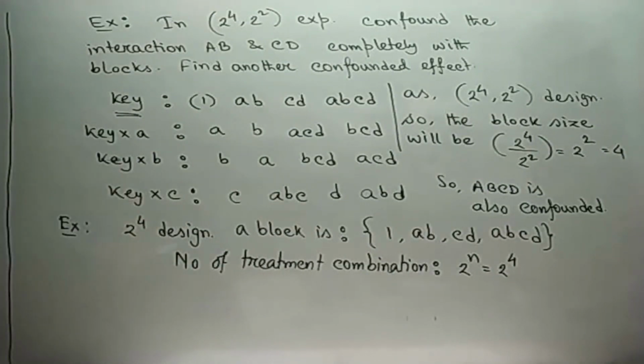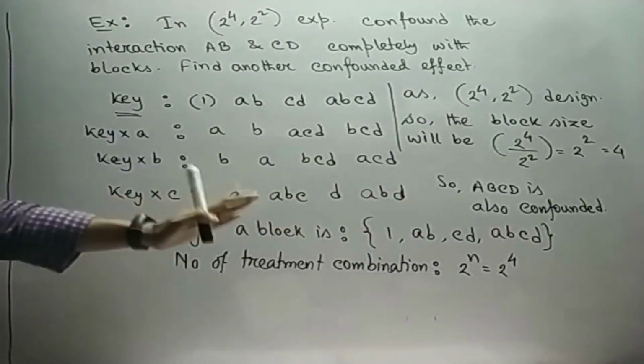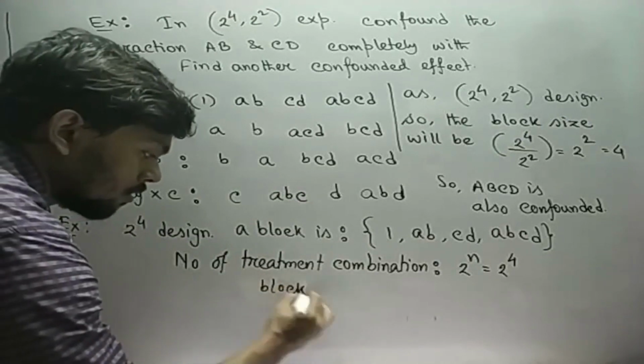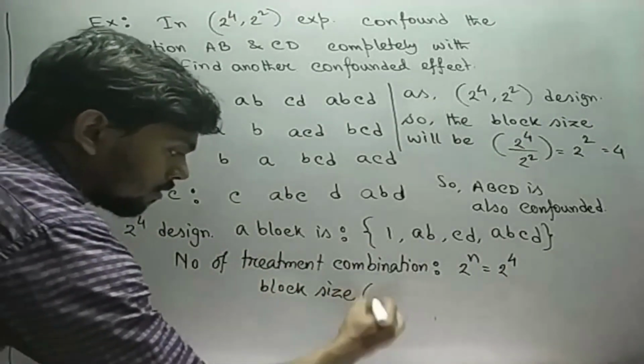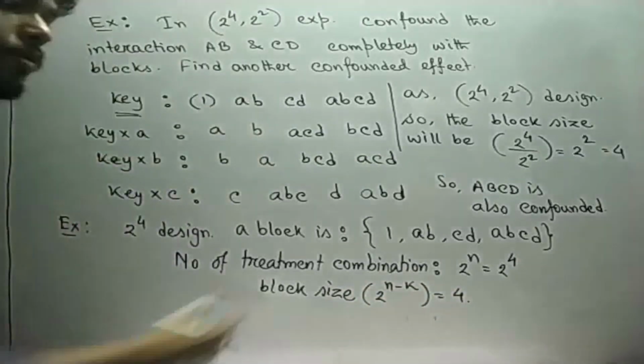Now we can see that in each block we have 4 members. That means the block size is basically 4. So the block size, which is 2 to the power n minus k, is exactly 4. 4 means 2 square.